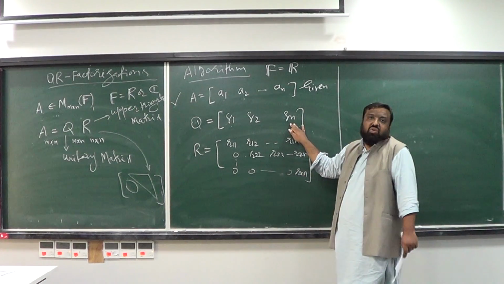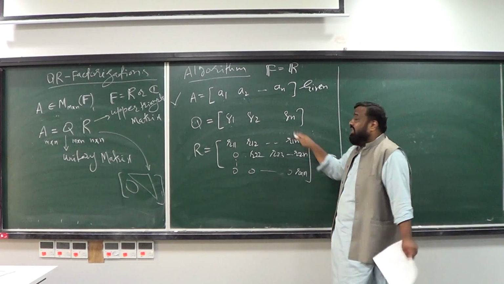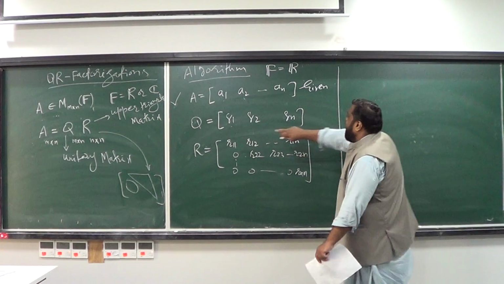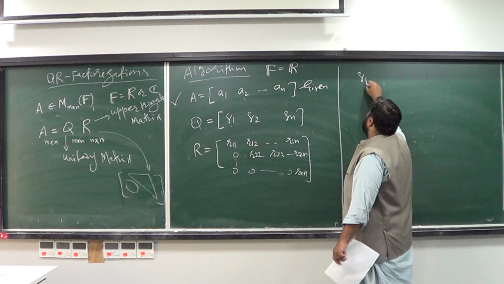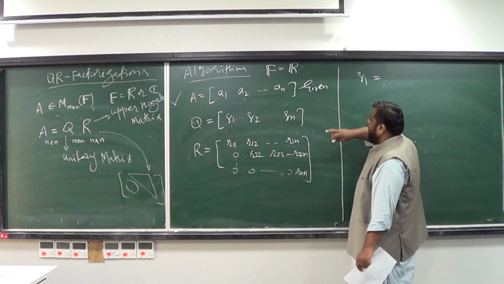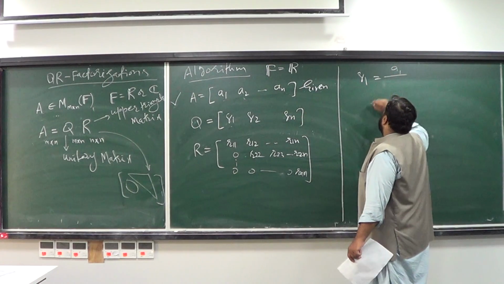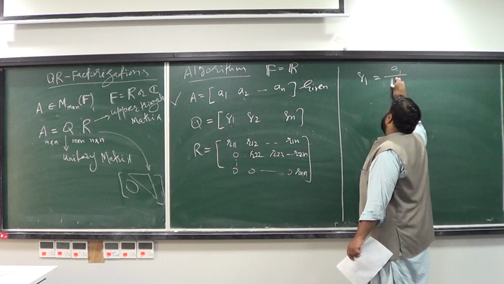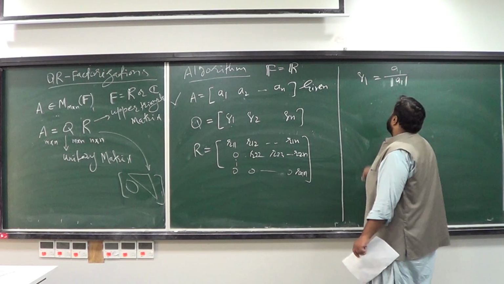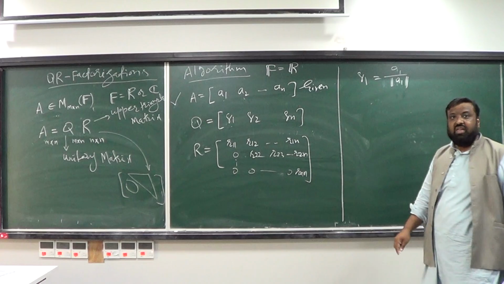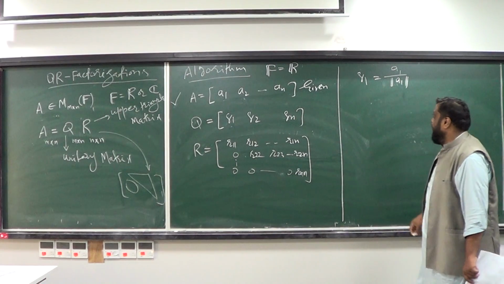And we know already how to do it actually. So if I want to, for example, compute my Q1, the algorithm goes like this. This is going to be the vector A1 divided by the magnitude of A1. Okay, this is really your vector Q1.